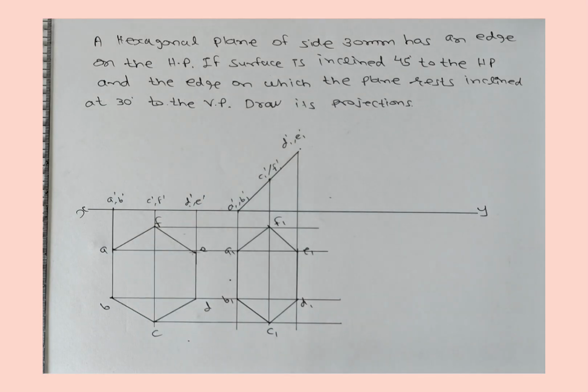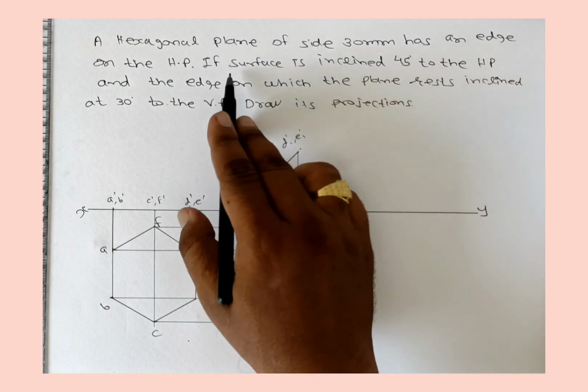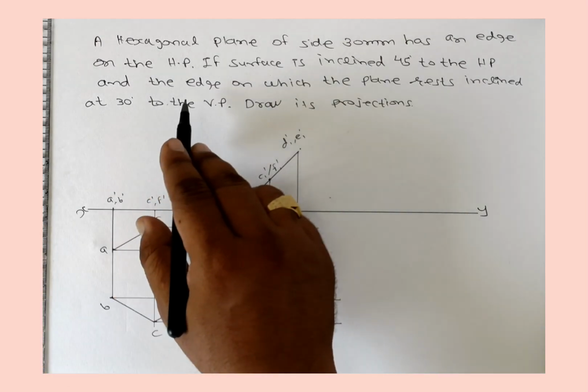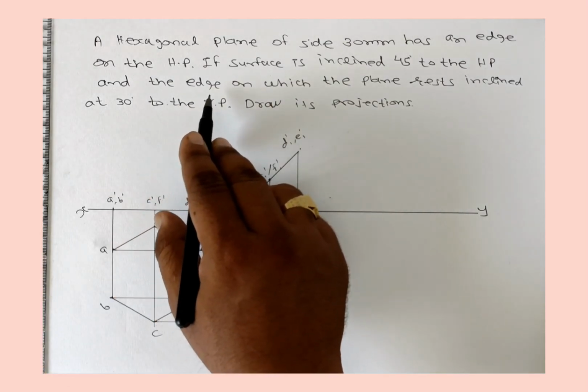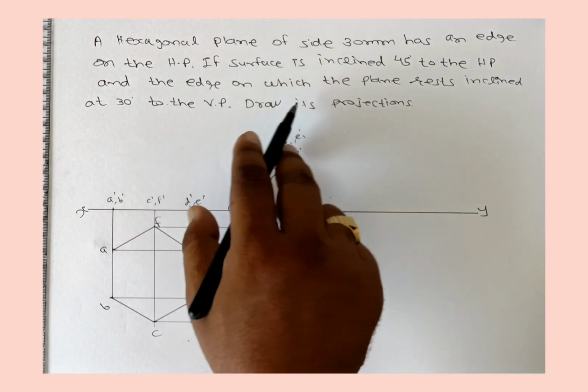Now this angle is 45 degree, means the surface is inclined 45 degree to the HP. Now you have to draw the edge on which the plane rests inclined 30 degree to the VP, and draw its projection.